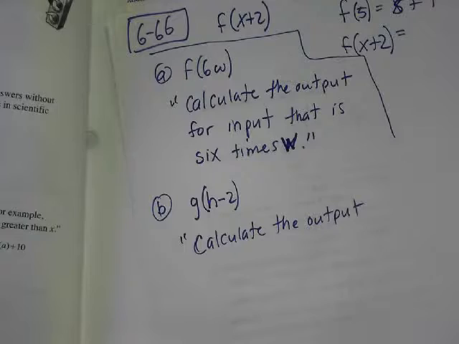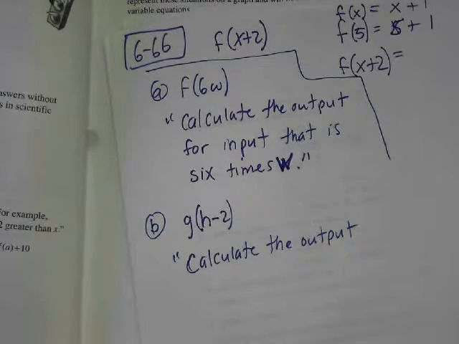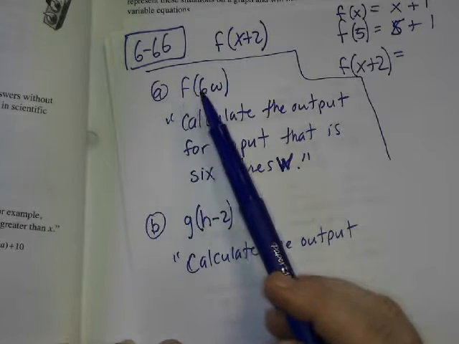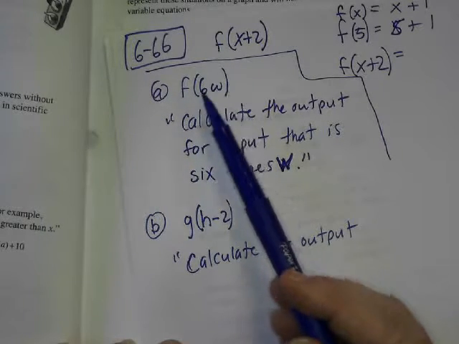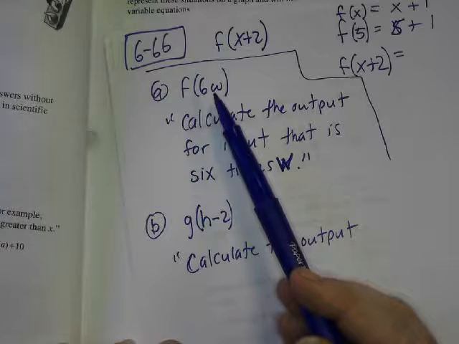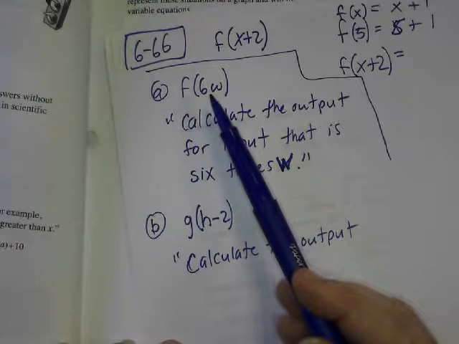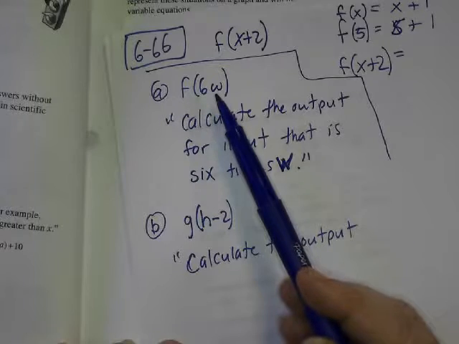I didn't understand A. I didn't understand what you did with A. For A, they're just trying to explain to you that this is function notation. What this is telling you is that they want you to calculate the output for something that's 6 times the input.